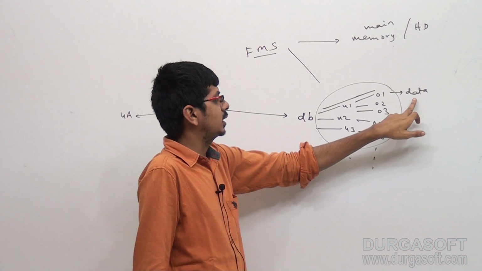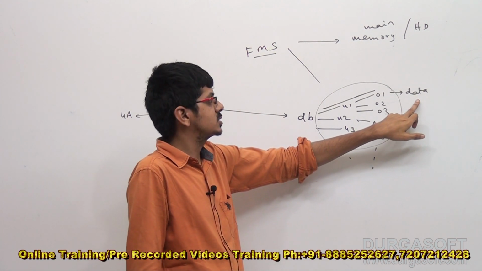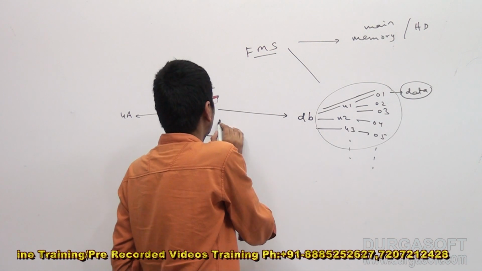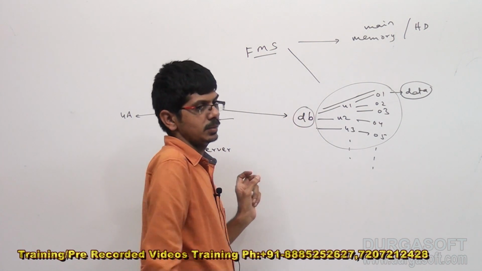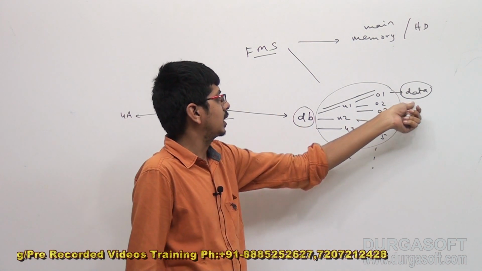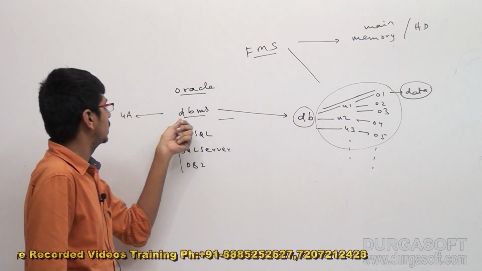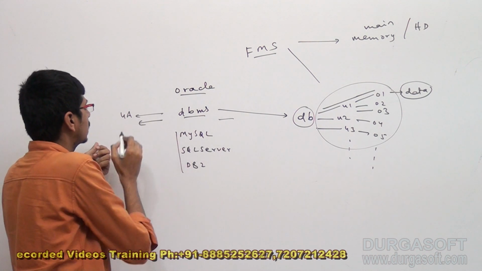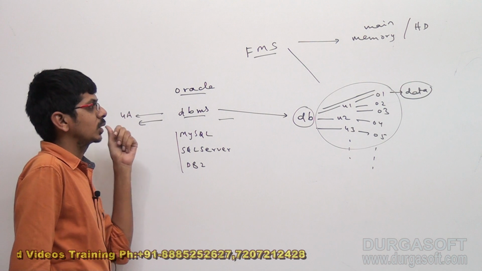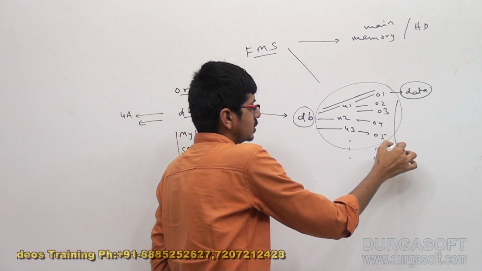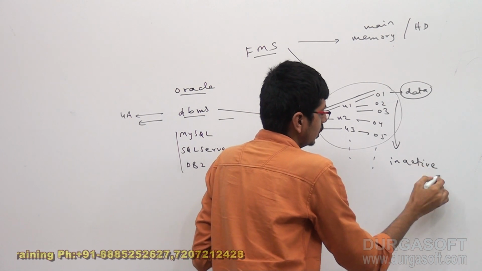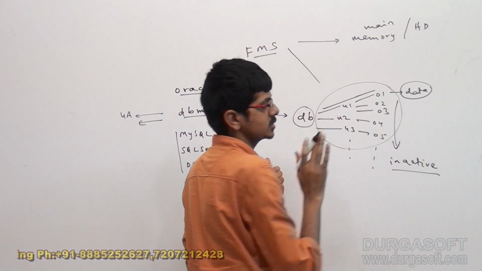So only that object's data is accessed by the DBMS in the database, and the same data is again retrieved by the user in the user application. All other objects, which are inactive objects, are not participating in database operations.